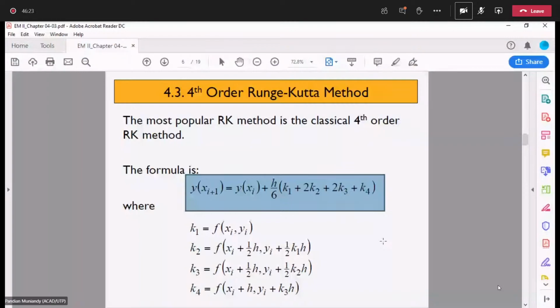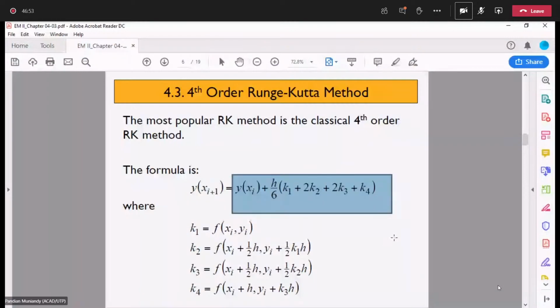Time the iteration. You see the x subscript i plus 1. Let's pay attention. This xi is the previous input. It's the next input, and then you find your y. Next is connected with the whole.